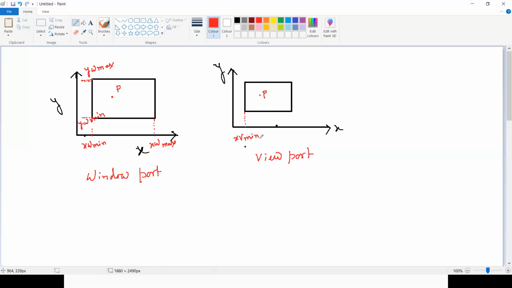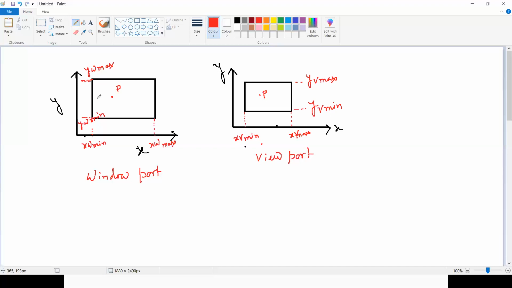So this is the minimum X and this is the X max along the X axis. Okay. So XV min and XV max are the minimum and maximum X value of the viewport. Similarly, YV max and YV min are the minimum and maximum Y value of the viewport.